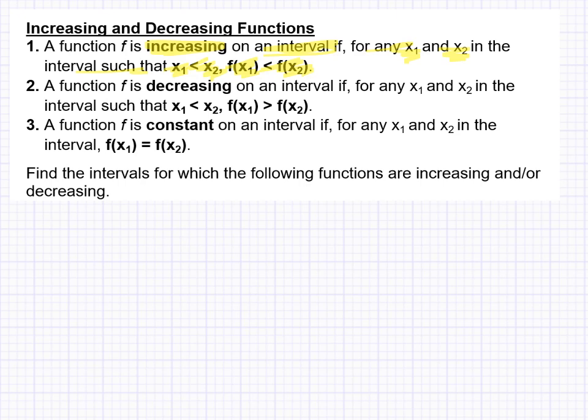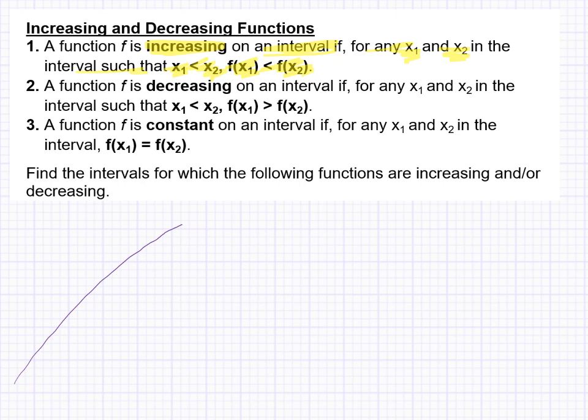Now, that may be something you need to read a couple of times before it really sinks in, but it's actually a very simple idea. If your function's graph is going up from left to right, then it is following this definition.